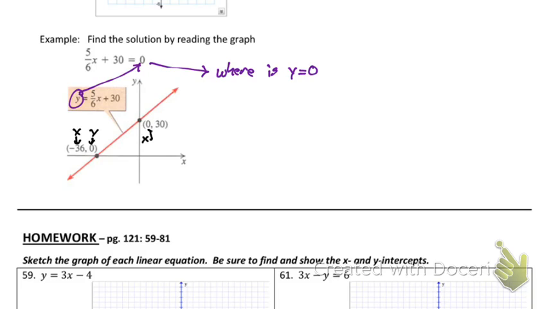We have x, y here. So where y equals 0 is right here. So your answer is actually going to be x equals negative 36.